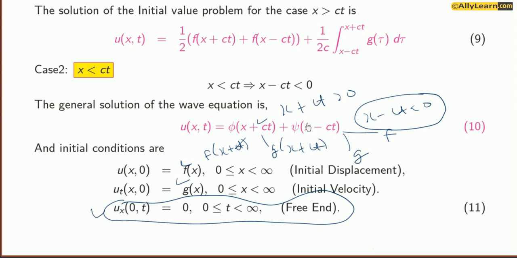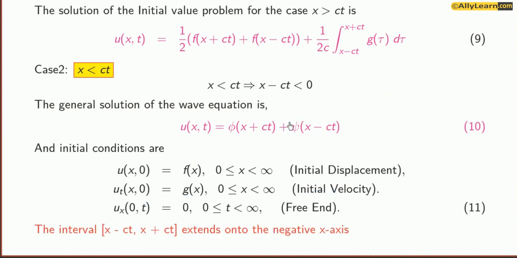This will be used only for getting the value of psi of x minus ct. So friends, in this case, the interval x minus ct to x plus ct extends onto the negative x-axis, where f and g are not prescribed. This is the reason that we have to follow a slightly different approach.